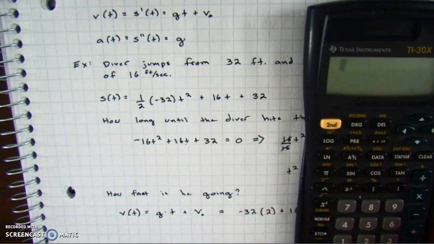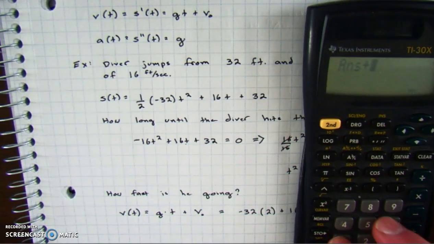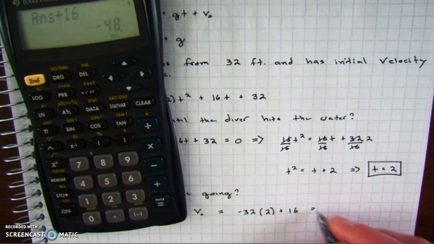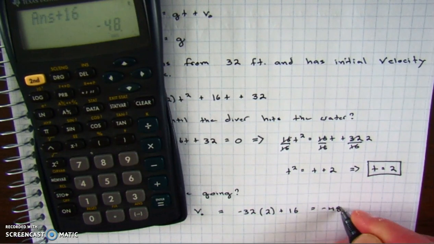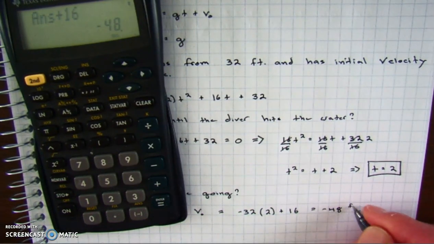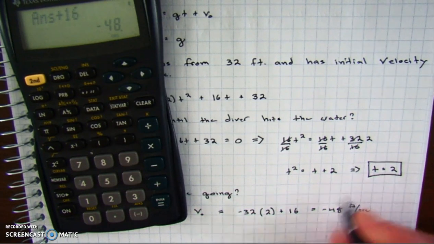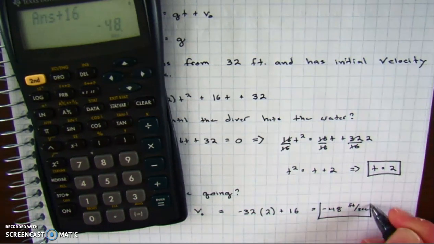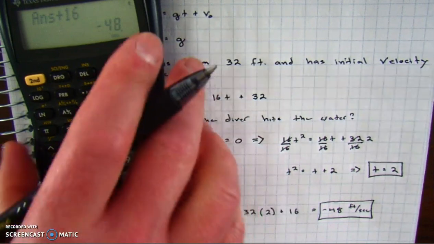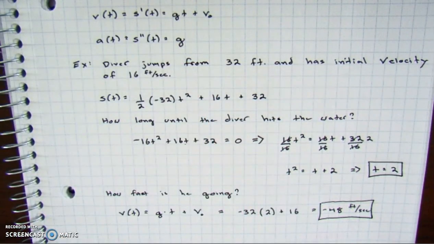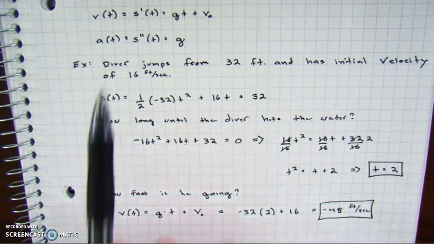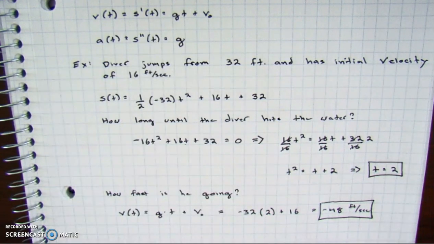We've got negative 32 times 2 plus 16, so that equals negative 48 feet per second. So all that we did is we had our time t, and we took the derivative of this position equation to get our velocity equation. All right, so that's pretty straightforward.